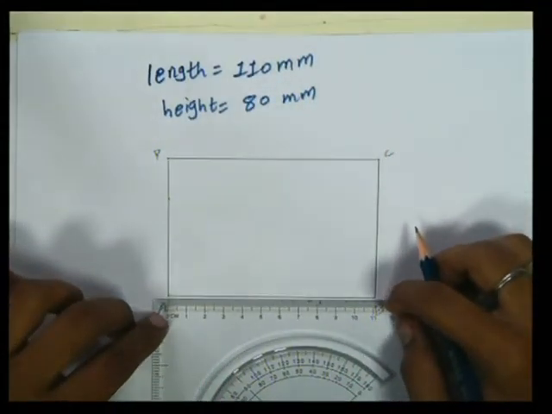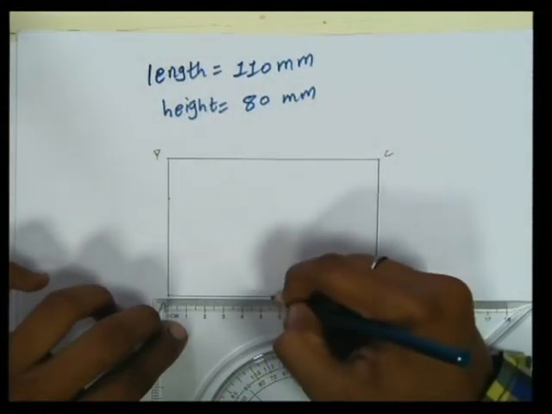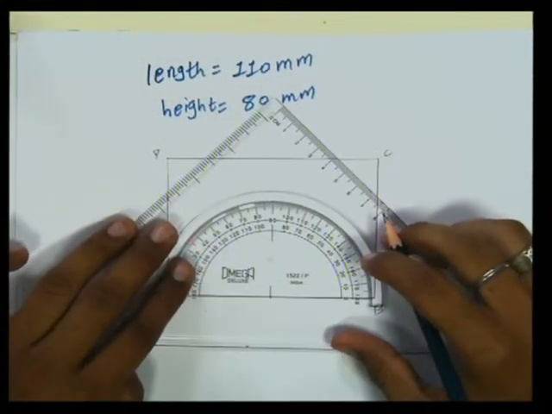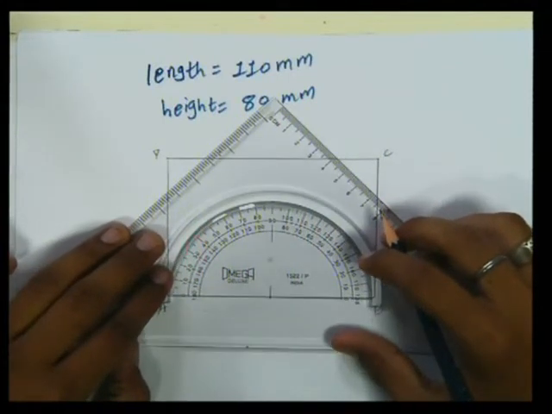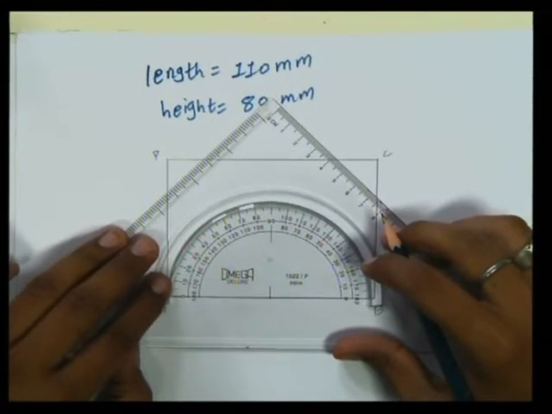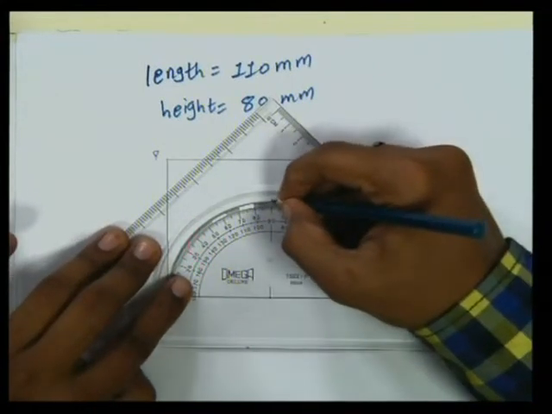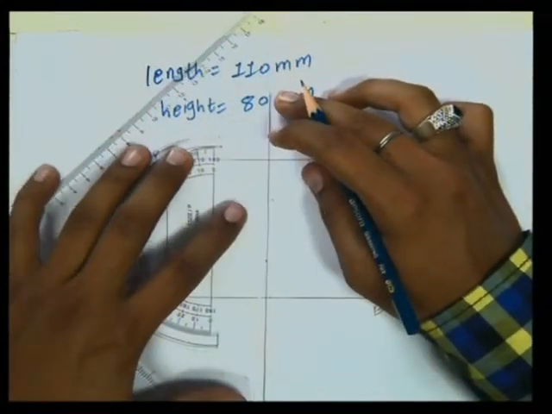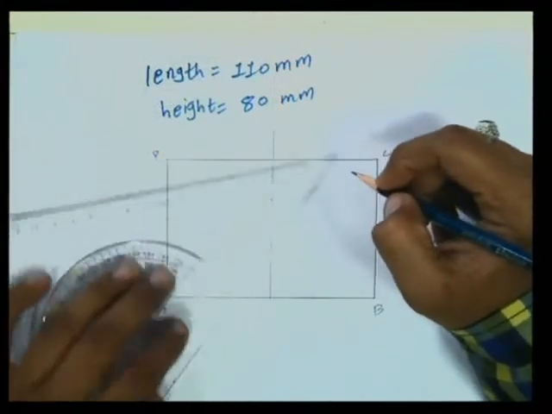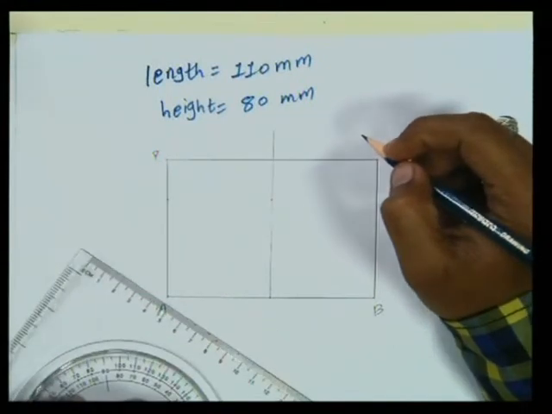Marking the midpoint of the 110 mm side at 55 mm, take a perpendicular line as well.